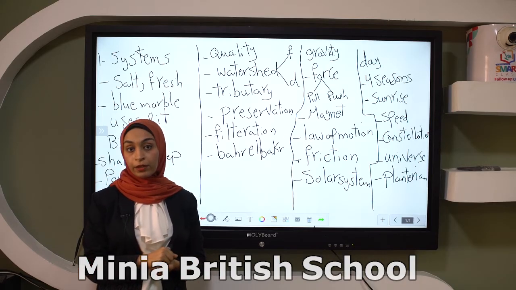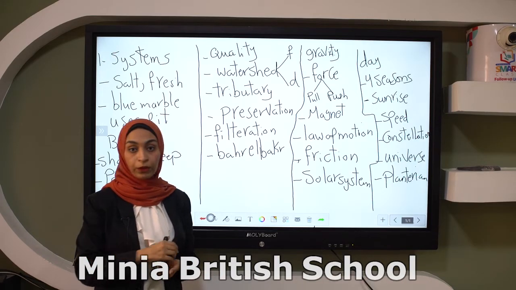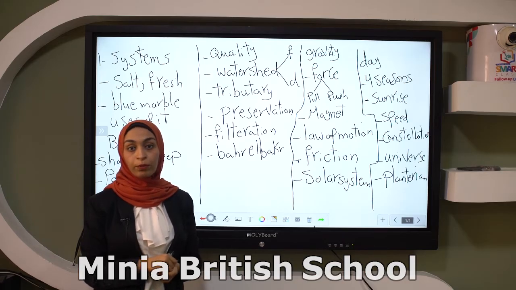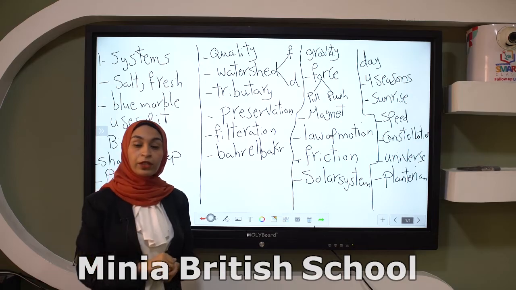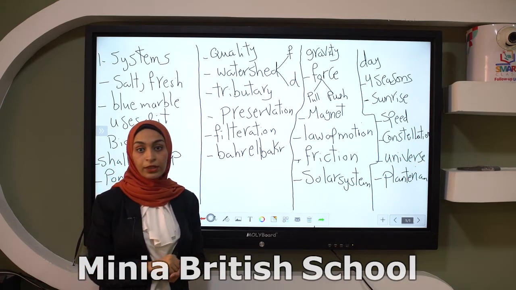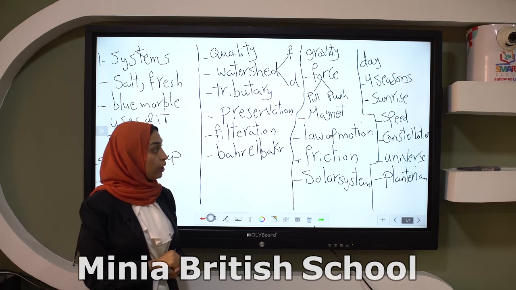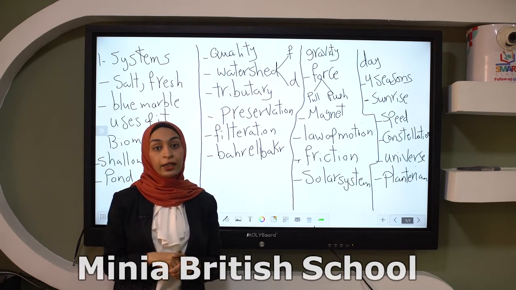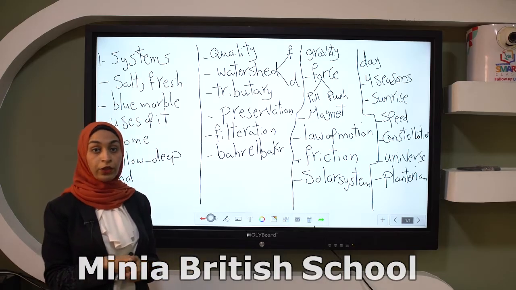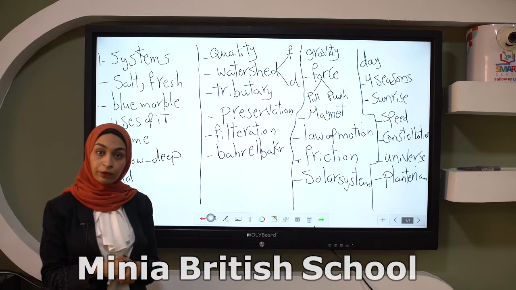Stars can produce their own light, but the Moon and the planets cannot produce their own light. The Moon can reflect the sunlight, so it appears bright at night. Then we talked about the difference between the galaxy and the universe. They are completely different, here in grade 5.